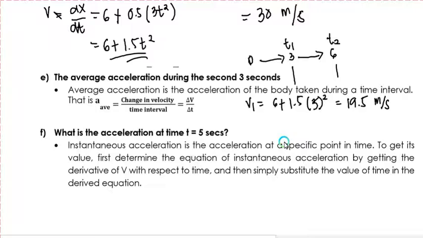Next, for your VF or your second velocity, or V2 for example, we are going to use the second time in our interval which is equal to 6.